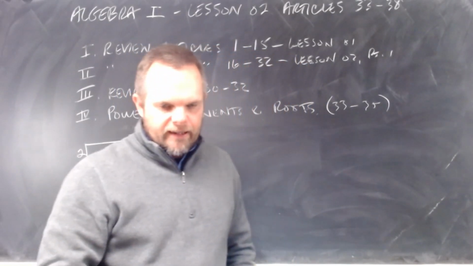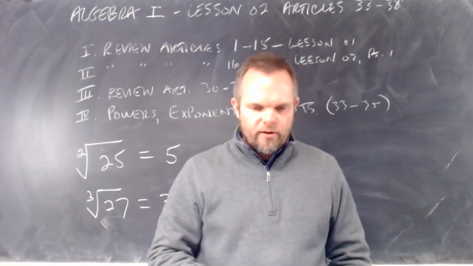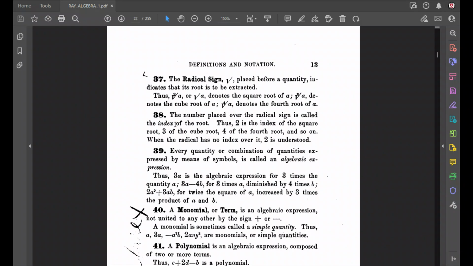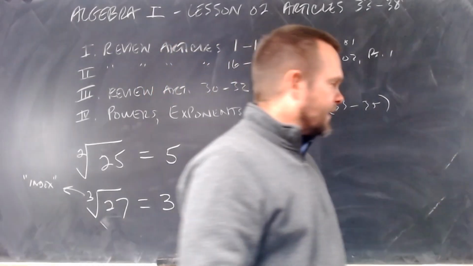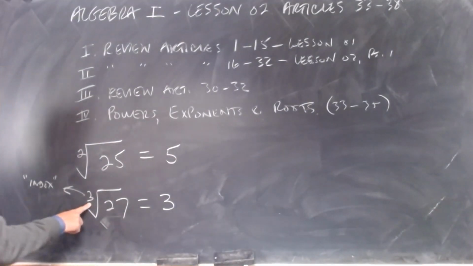Article number 38 tells us what that little number is called. Article 38 says the number placed over the radical sign is called the index of the root. So this little number here is called the index. The index is that number placed over the radical sign.